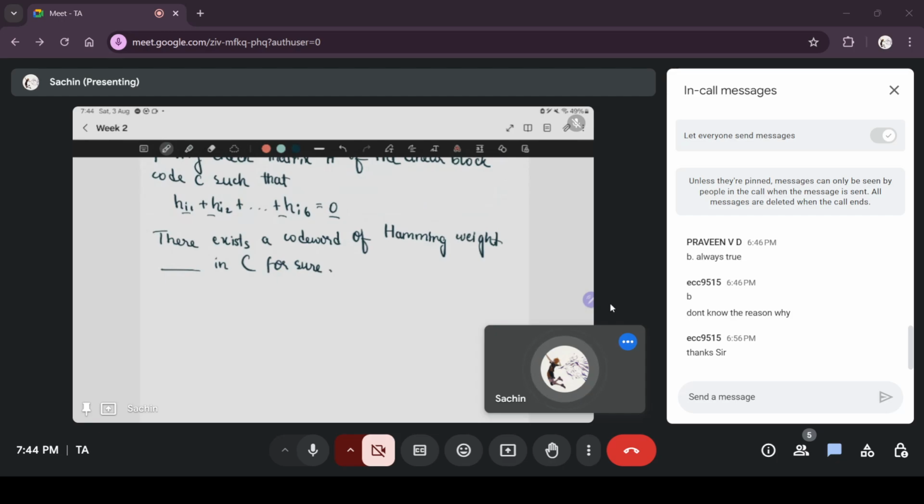That is, there always exists a code word of which Hamming weight. Using only the information given to you, what can you say about this?